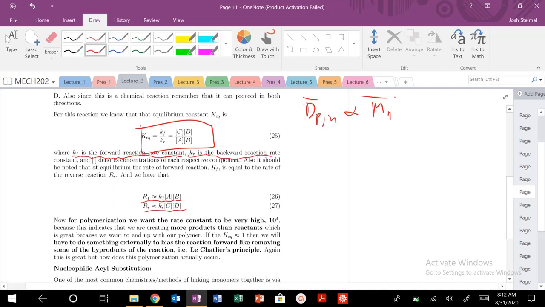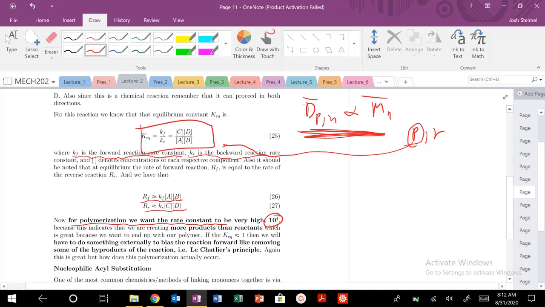So if I want to control this, specifically if I want to increase or decrease it, and if I want this reaction to proceed, this is controlled by the extent of reaction, P. So we know that P depends on this K equilibrium value. So I want my K equilibrium constant to be extremely high, 10 to the 4. Why do I want that high?